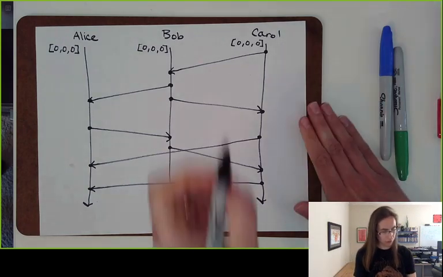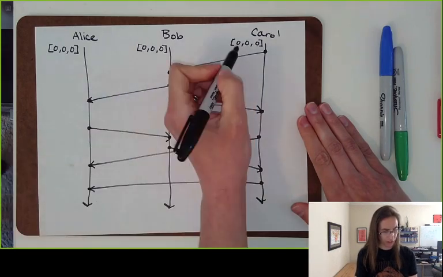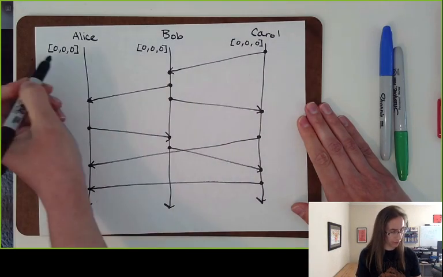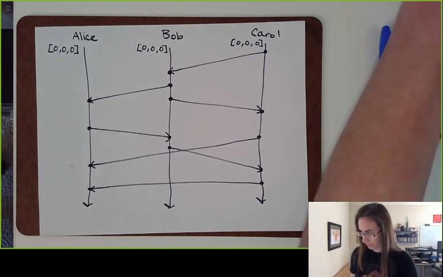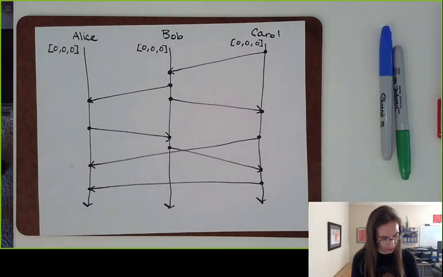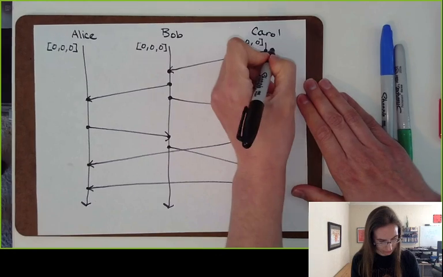These entries in this vector clock, by the way, correspond to Alice, Bob, and Carol in that order. That's right, yeah. So Carol's going to update her vector clock to 001.